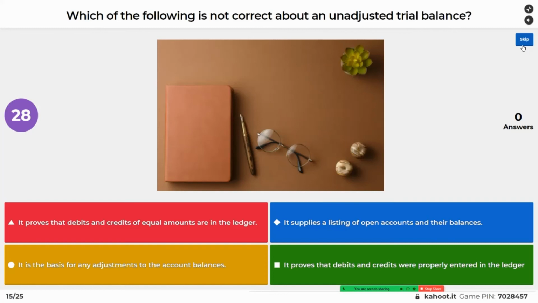Which of the following is not correct about unadjusted trial balance? Not correct daw, class, ha?